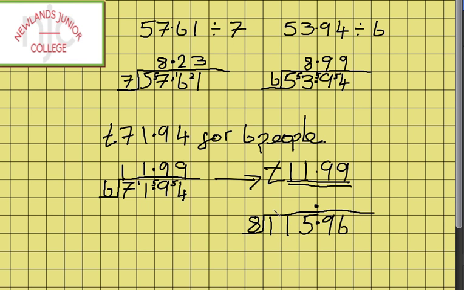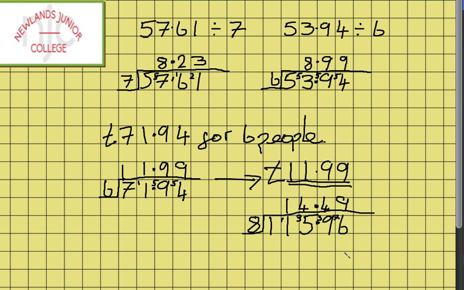8 into 1, well, that doesn't go at all, so carry the 1 over. 8 into 11, that goes once, and that leaves you with 3. 8 into 35, well, that goes 4 times, and that leaves you with 3 left over. 8 into 39, that goes 4 times as well, and that leaves you with 7. 8 into 76, well, that goes 9 times, and we've still got a remainder left over.